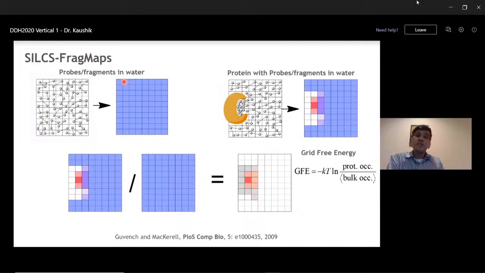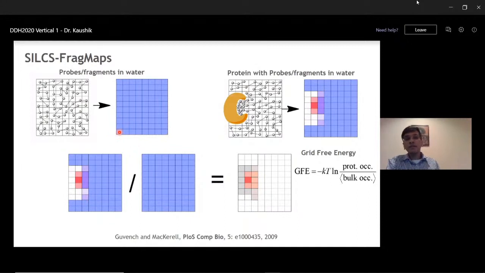At the end of the MD simulation, if you bin the solvent box into voxels or grids, and then count the number of times a methanol molecule has visited that grid or voxel, you will see that there's no difference in the count no matter where you take that counting.